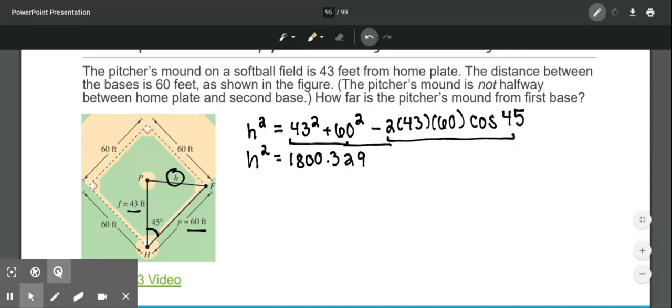You have to remember, though, that this is squared, so you have to take the square root of whatever you get for h squared to get h. Taking the square root, you get 42.43 feet. So it's pretty close to that 43 feet, but it's not exact.